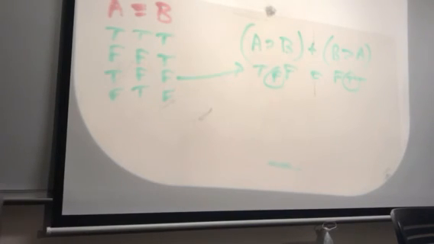Now, what happens is you have 5 of these little charts, right? And we have A triple bar B, we have A horseshoe B, we have A plus B, A wedge B, and bar A. If I were going to be teaching this class in the classroom, just like I told you for the previous material, the translations, I would make you go home and memorize what all the different symbols meant.